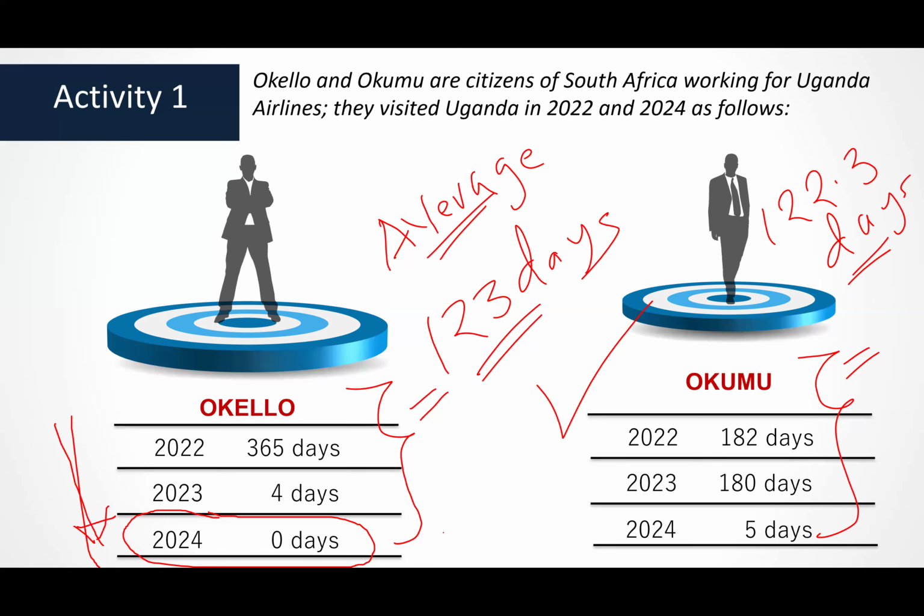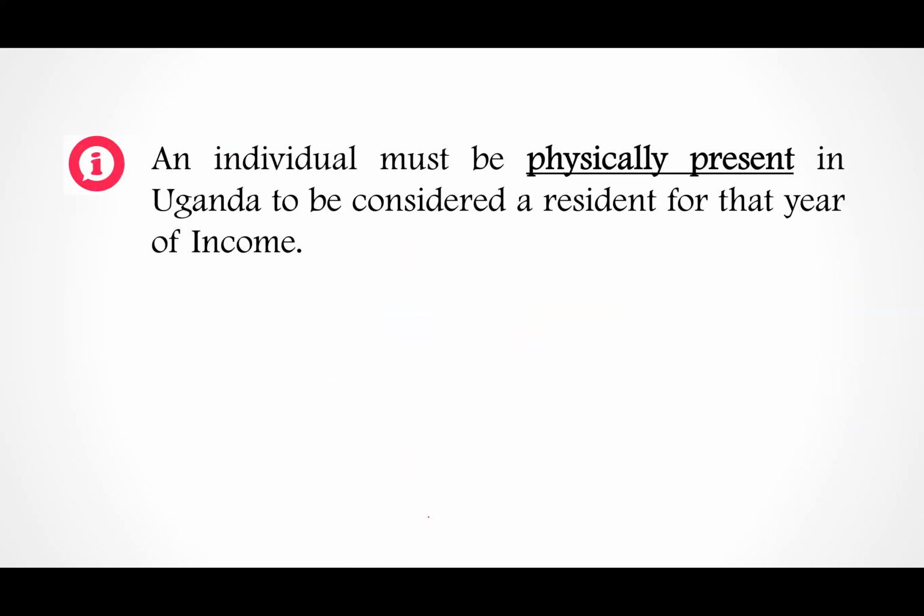Okay? So this is the aspect of accuracy I was talking about. As a tax agent, tax consultant, tax employee, you must be as accurate as possible. Now we are going to say an individual or employee must be physically present in Uganda to be considered a resident for that year of income.